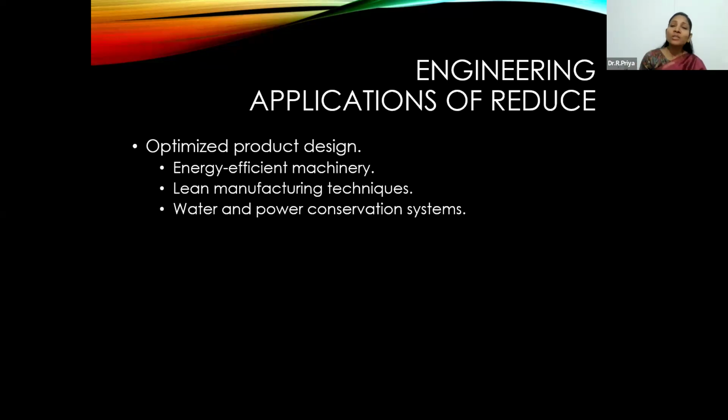So this reduces dependency on natural resources and supports environmental protection. Overall, the engineering applications of the reduce concept help the industries become more efficient, cost effective as well as environmentally responsible.